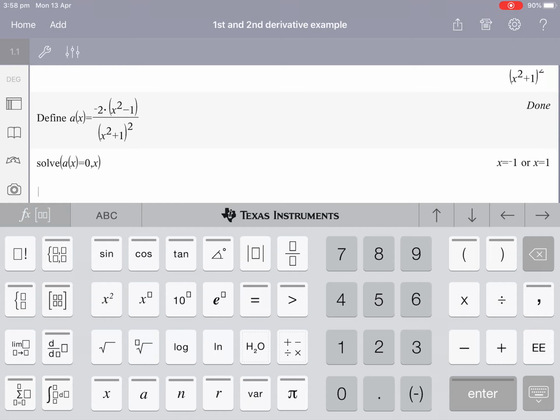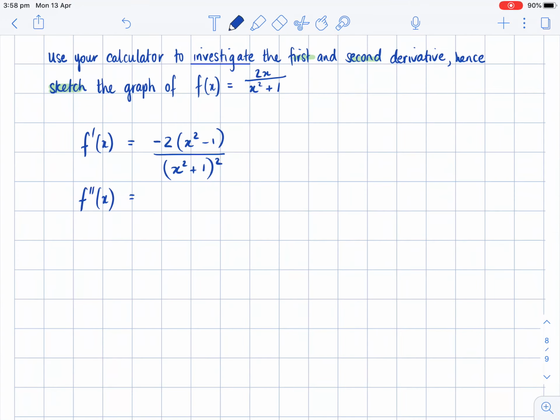So when we solve the first derivative equal to 0, we get the x values of negative 1 and 1. Cool, let's write that down. So we know that the first derivative equals 0 at x equals plus or minus 1.